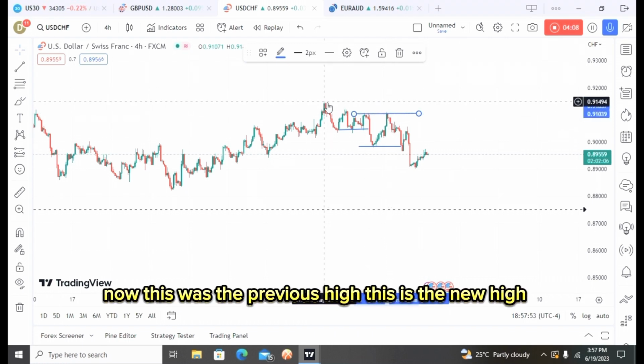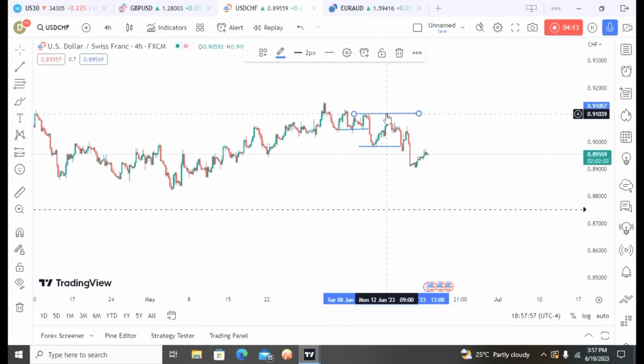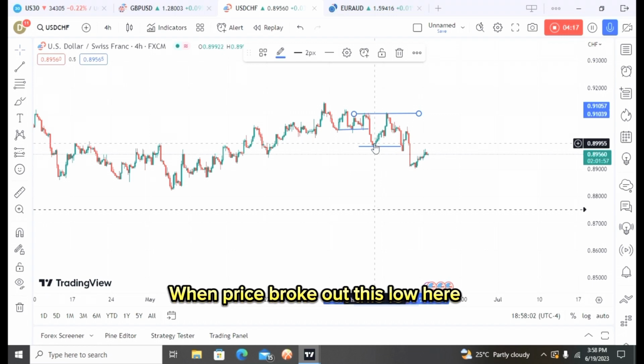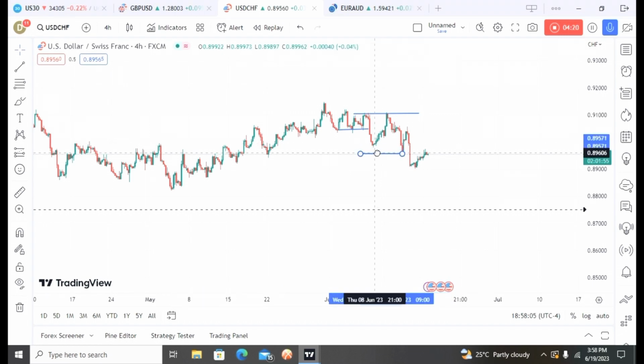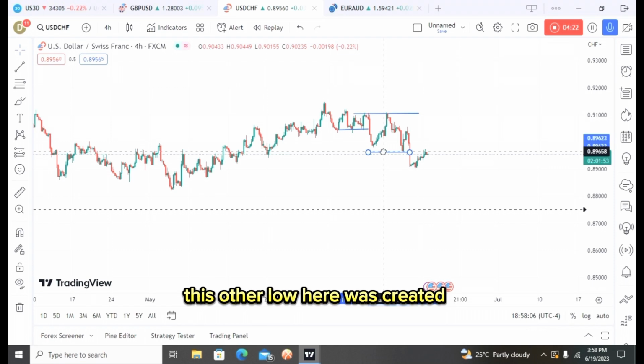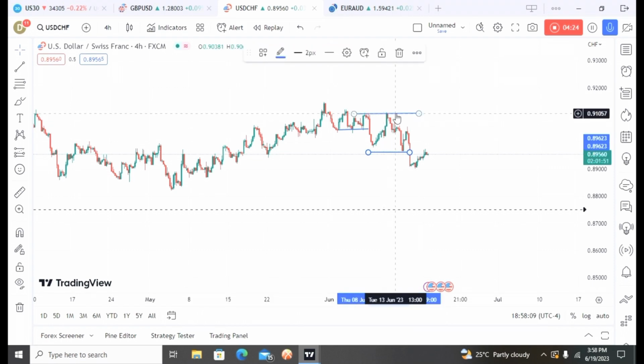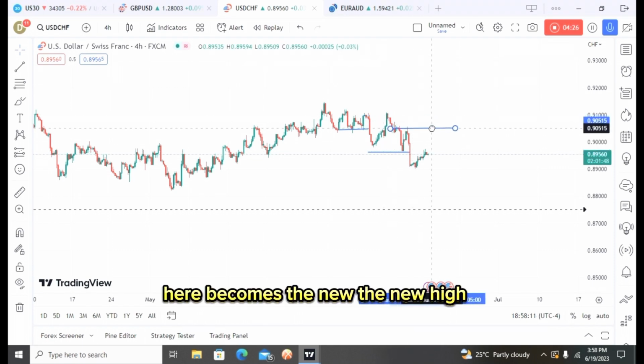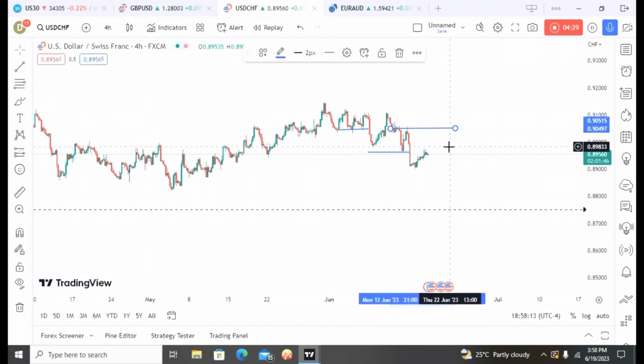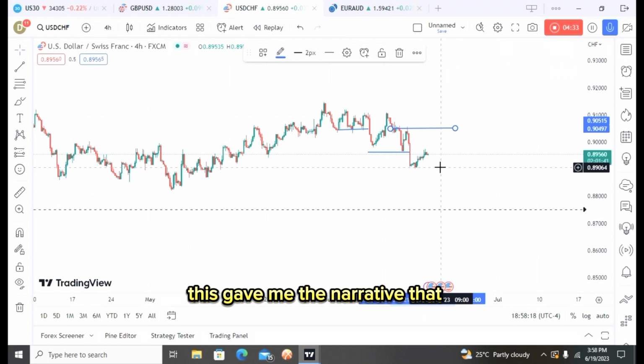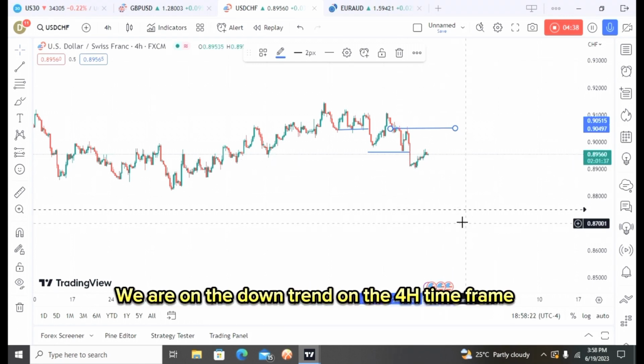Now this was the previous high, and this is the new high. When price broke out this low here, this other low here was created, and here becomes the new high. This gave me the narrative that we're in a downtrend on the 4 hours time frame.